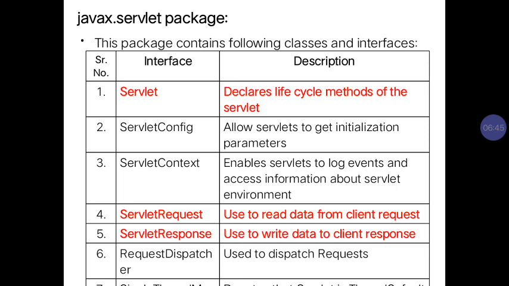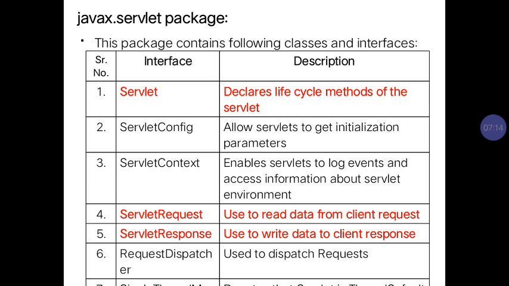The javax.servlet package has interfaces. From these, we use three main interfaces. The first one is the Servlet interface, which declares the lifecycle methods of your servlet. Lifecycle methods are the init method, service method and destroy method. The next interface is ServletConfig, which allows servlets to get initialization parameters. The next interface is ServletContext.